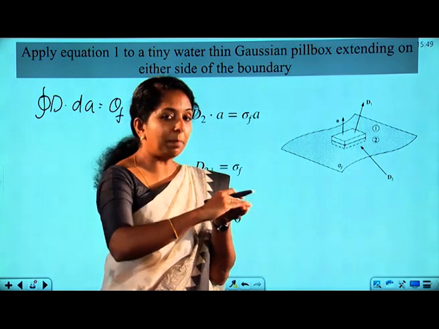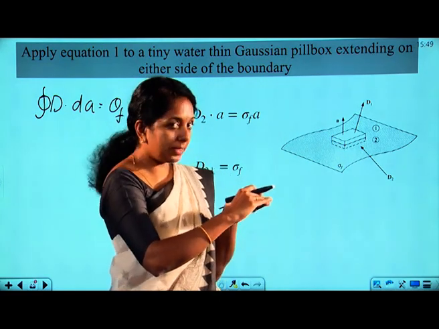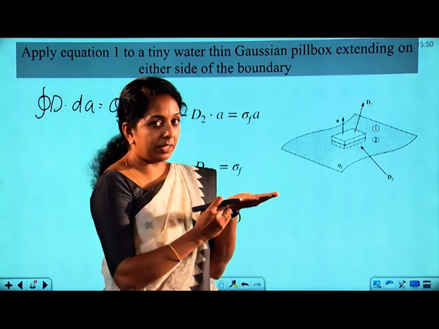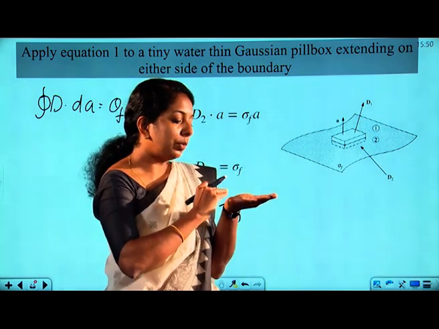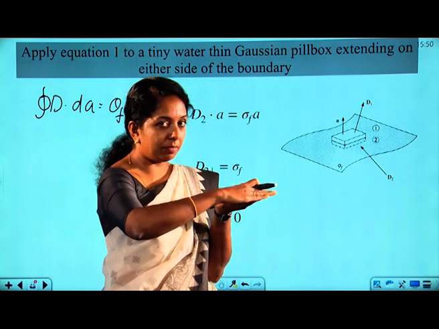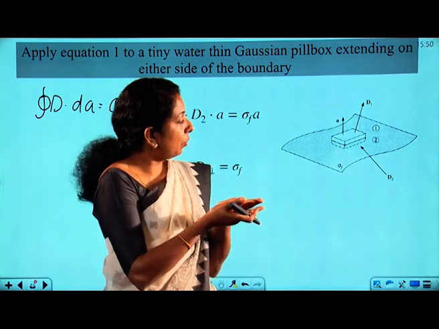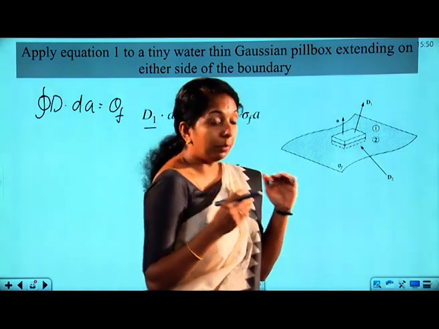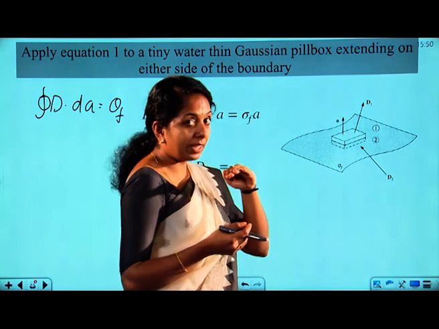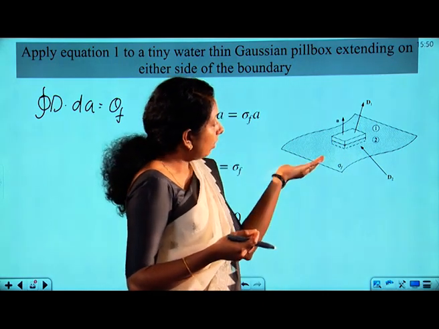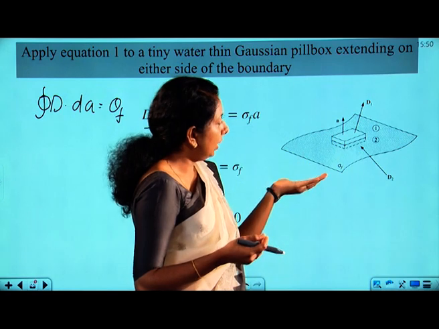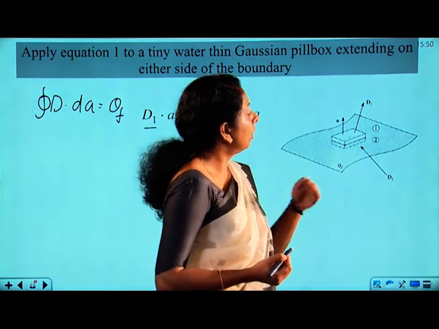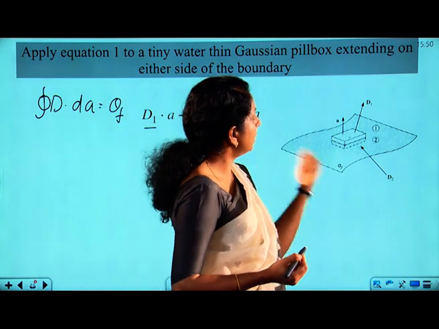That is, suppose this is the plane sheet having surface charge density sigma, then we consider a Gaussian pillbox in such a way that half of it lies on the upper side of the surface and half lies in the downward portion. Here the dotted portion shows the part of the Gaussian pillbox lying under the sheet, and this surface is above the sheet having surface charge density sigma.